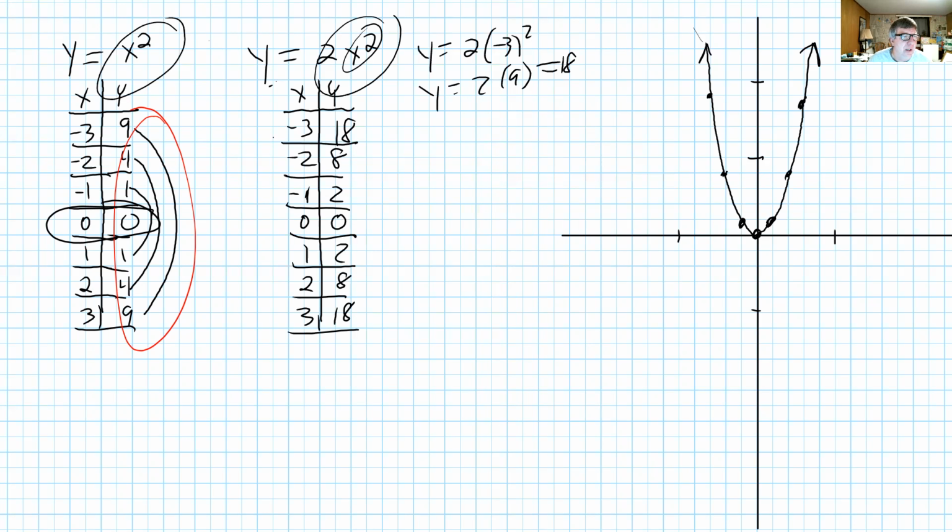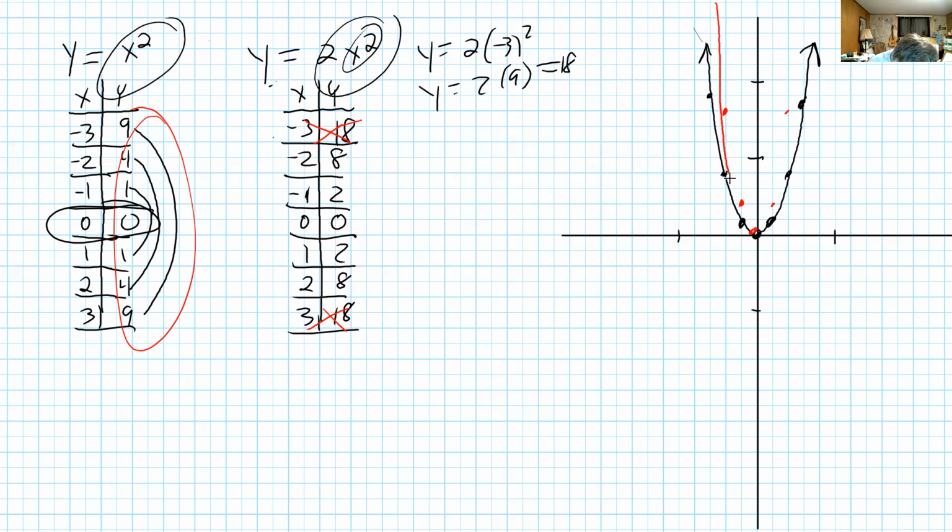Let's do that in a different color. Let's make that graph red. Well, -3, 18 is up off the graph. So I'm not going to graph these two numbers. But -2, 8, that's right here. -1, 2 is right there. 0, 0, 1, 2, and 2, 8.